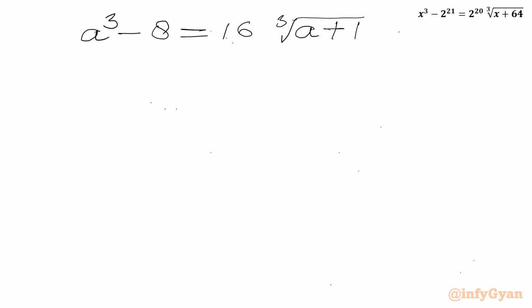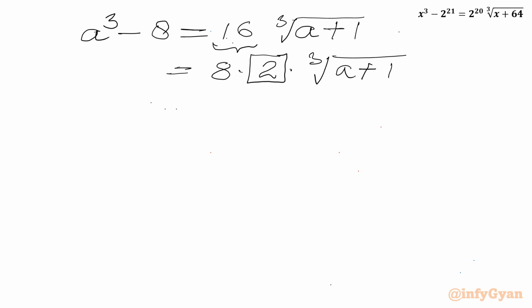Now I can consider factorization. 16 we can write 2 times 8. So I will be writing 8 times 2 and then cube root of a plus 1. Can we write 2 as cube root 8? We can write 2 as cube root 8 times cube root of a plus 1.